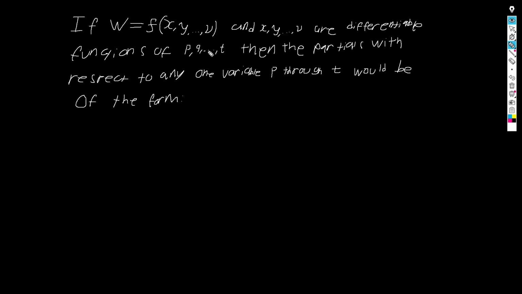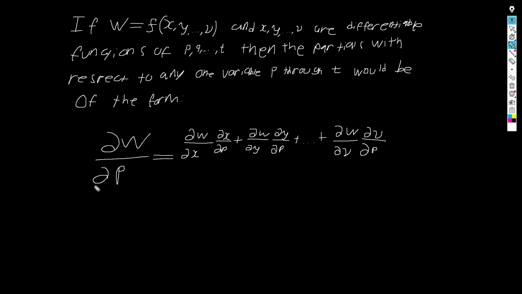So if that is true, then the partials with respect to any one of the variables from p through t would be given through an equation of this form right here. So let's say the set of variables described through f, let's say we have an n amount of those, and in these variables we have an m amount of these.